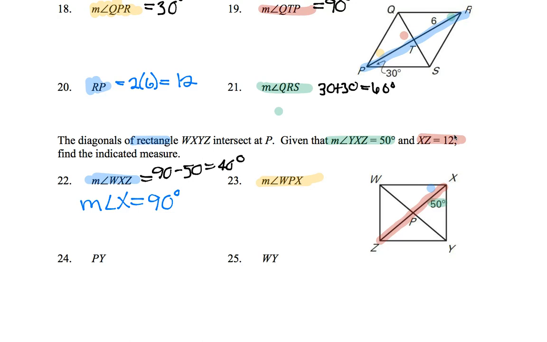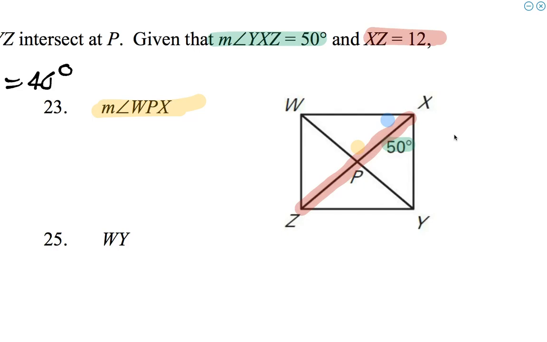WPX. Now, this is not a rhombus, so that does not mean that the diagonals are 90 degrees. But we do know that the diagonals are congruent and they bisect each other.